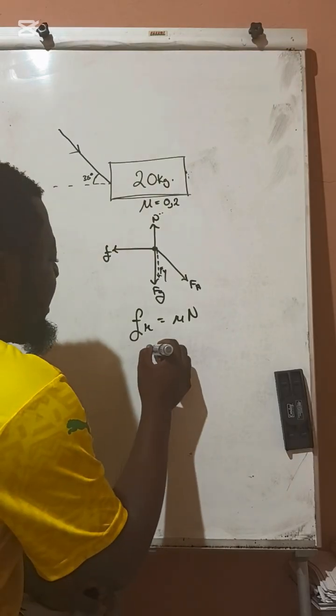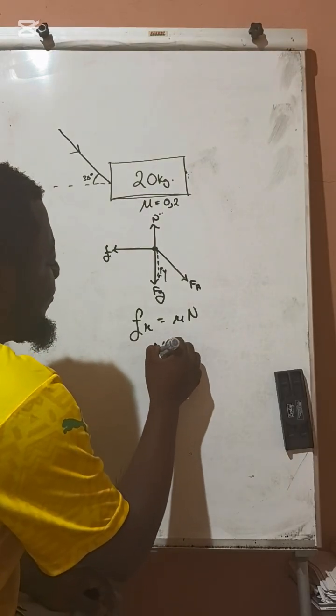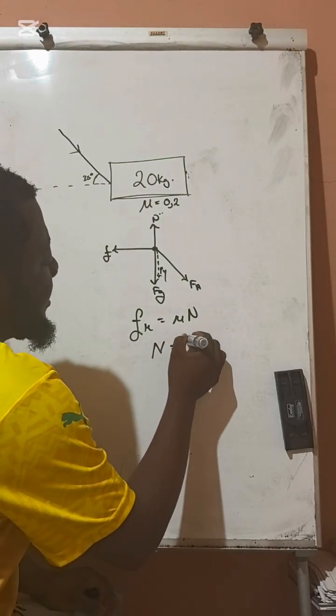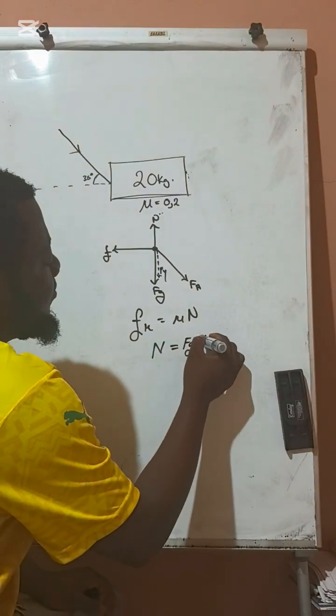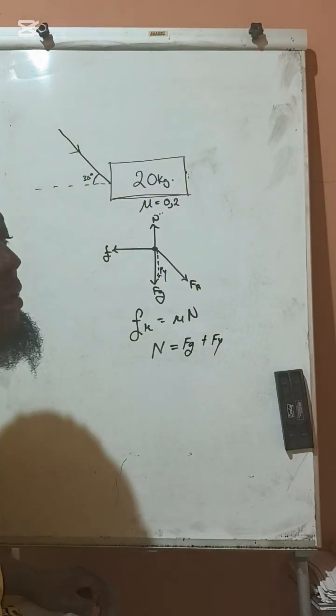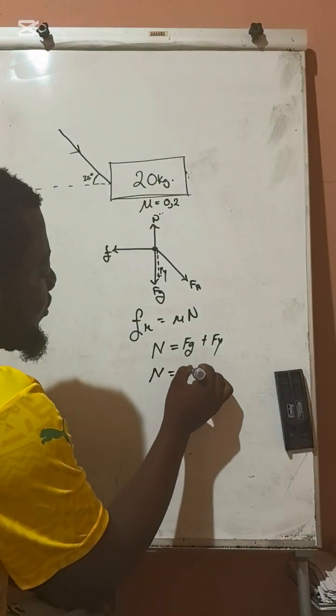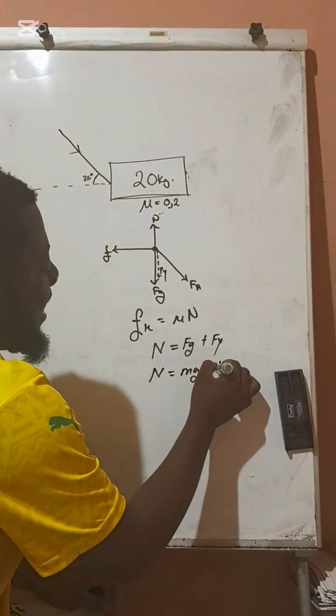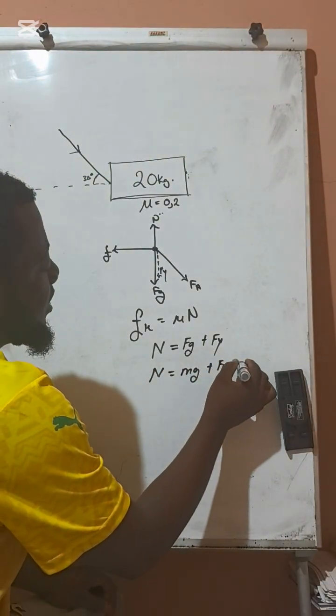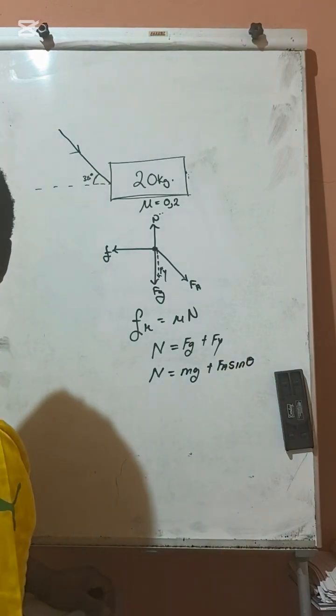So normal force upwards should be equal to force downwards, Fg plus Fy, which gives normal force equals mg plus Fa sine theta.